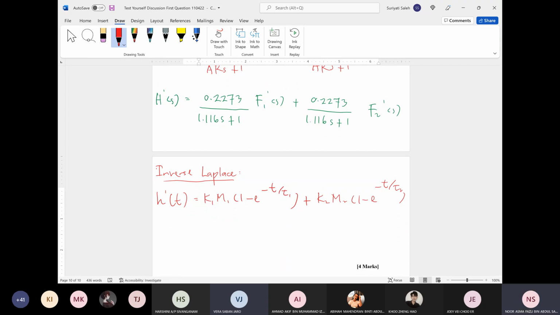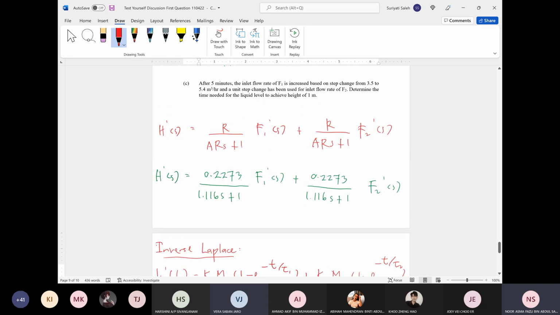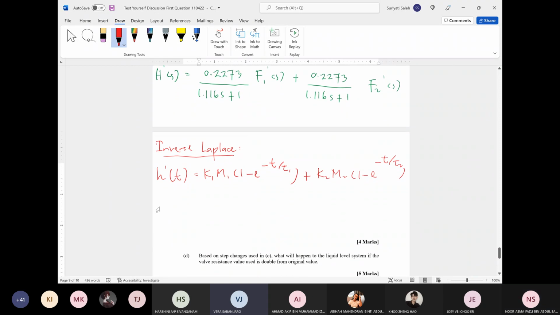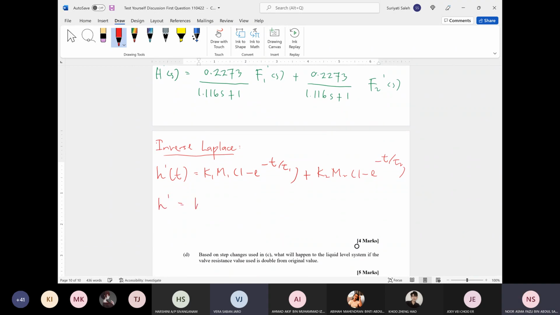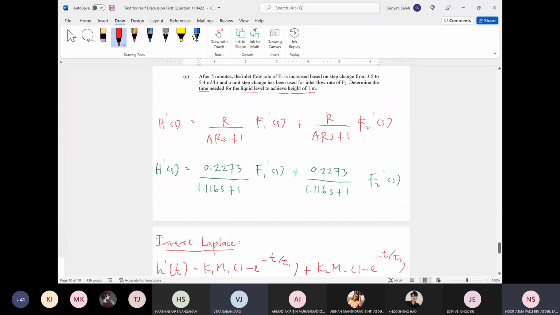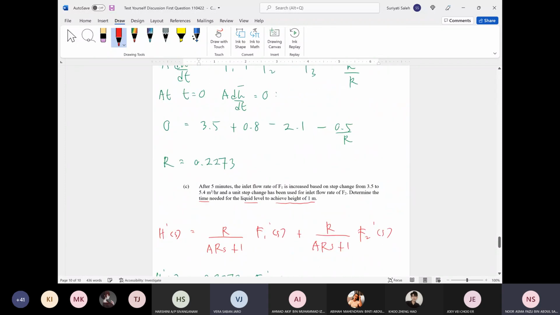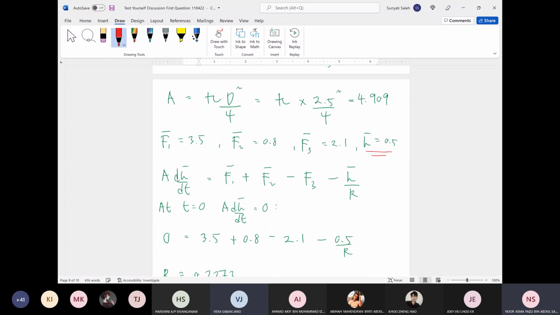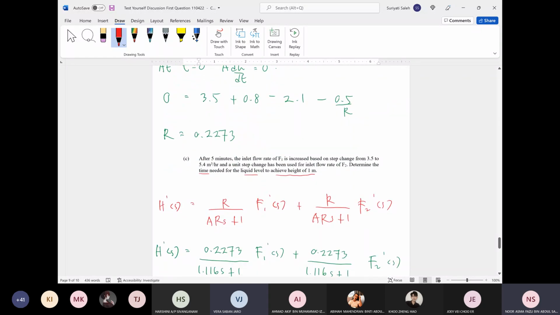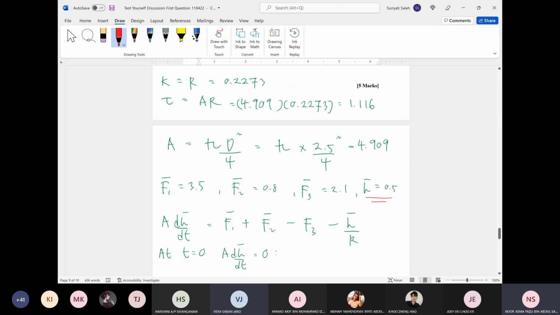Here, for H prime, they ask for the time needed for the liquid level to achieve a height of 1 meter. We know that H prime equals H minus H bar. In this case, the new H is 1 meter, and the original H, the H bar, is equal to 0.5. Although H bar is not stated in part C, we can use the information in question 1B.